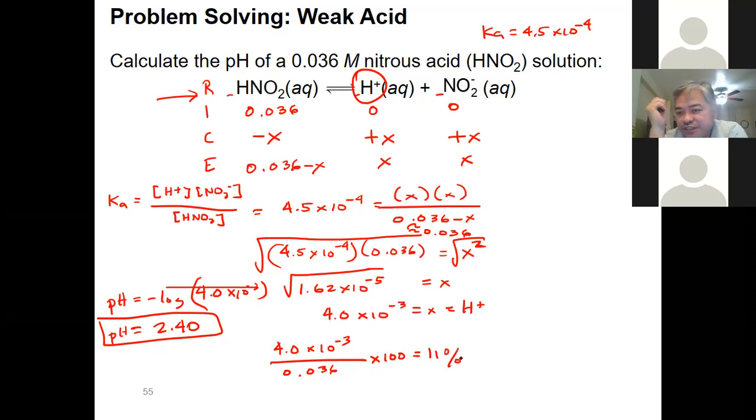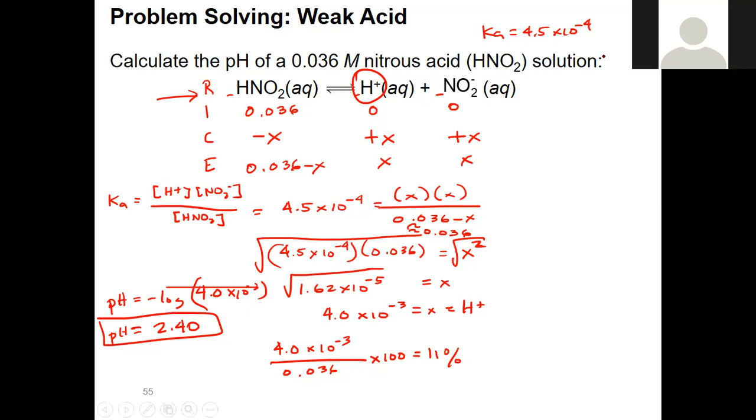You get 11%. So, ibig sabihin yung approximation mo hindi valid. And when that happens, what do you need to do? Uulit po, sir. You need to do the quadratic formula.